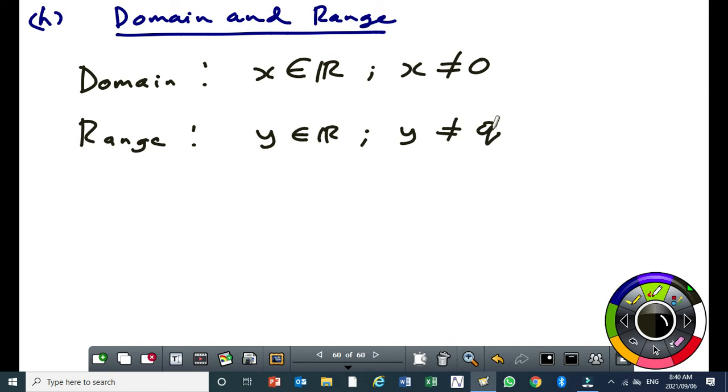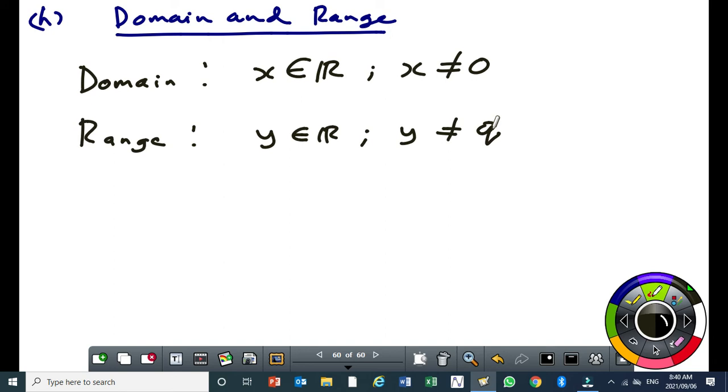There is a connection. Okay, so for the range, since the equation of the horizontal asymptote is y equal to q, when you write your range, you exclude the value of y at the horizontal asymptote.